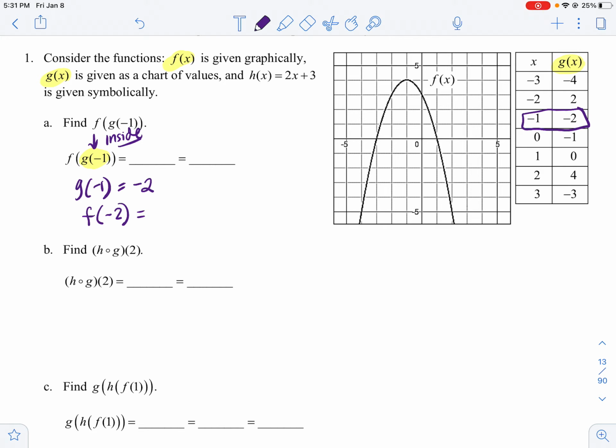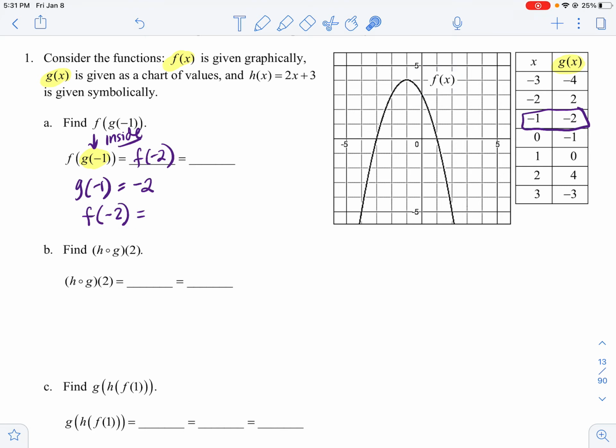Now, f of negative 2. Am I looking at the h, the equation, the graph, or the chart? Of course, I'm talking about f, so I'm looking at the graph.